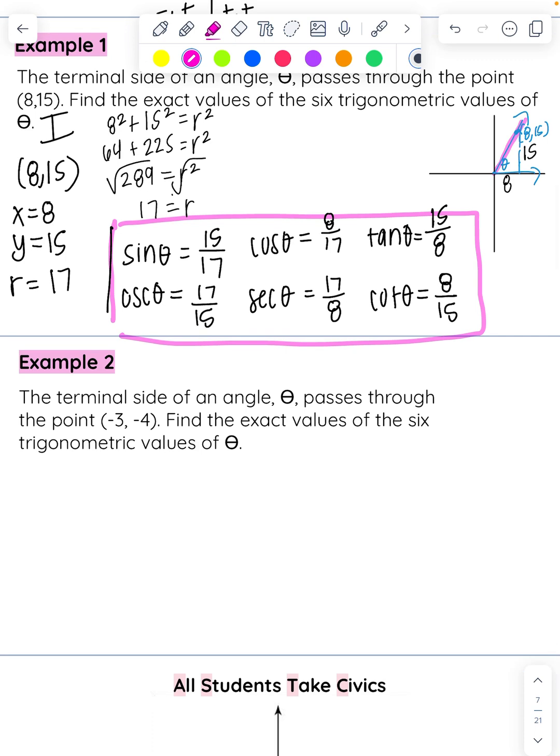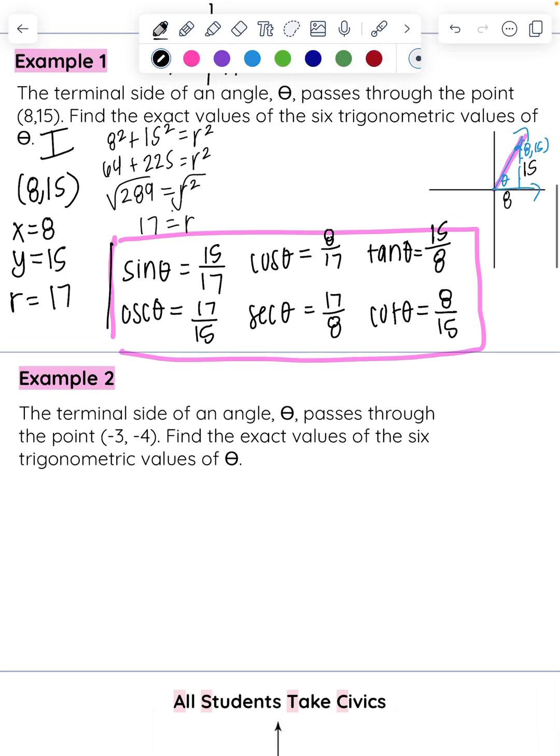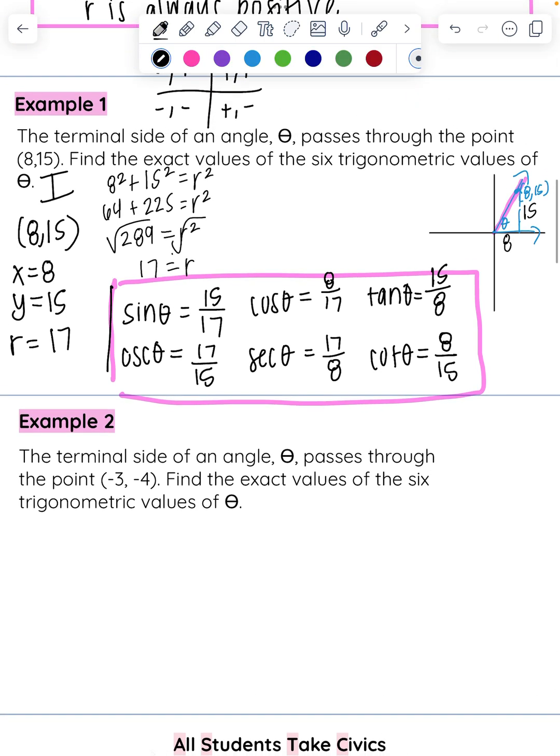Alrighty, for example 2. Okay, so this time the coordinate point is (-3, -4), so I am in quadrant 3.